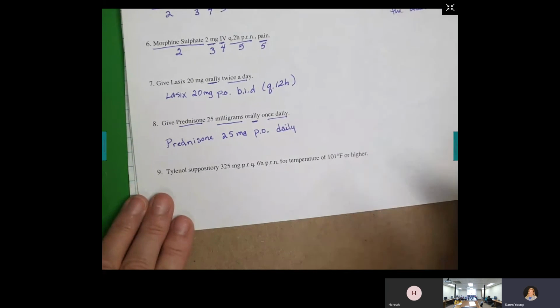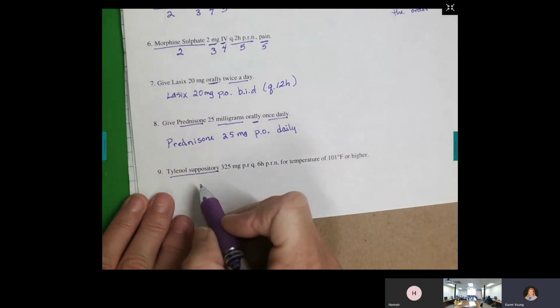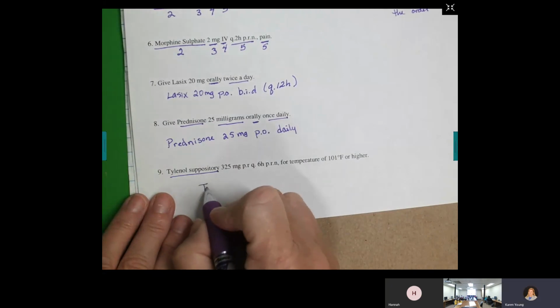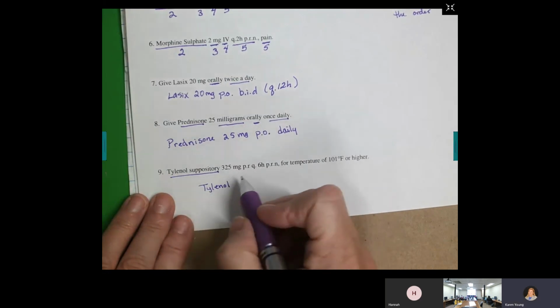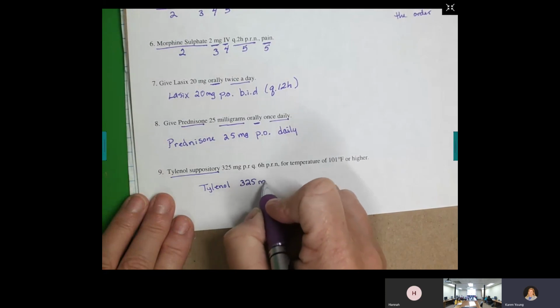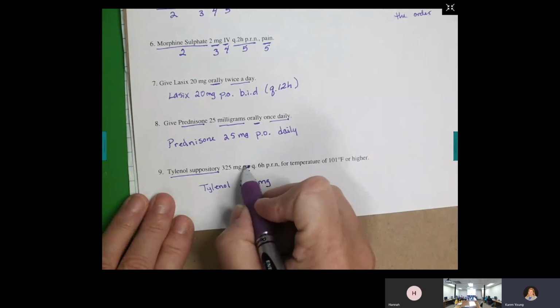So if I look at number 9, the Tylenol suppository, it depends on where you're working and what the name is on the drug label. You can use Tylenol as your drug name. The 325 milligrams. The PR, well, that's not supposed to be there.